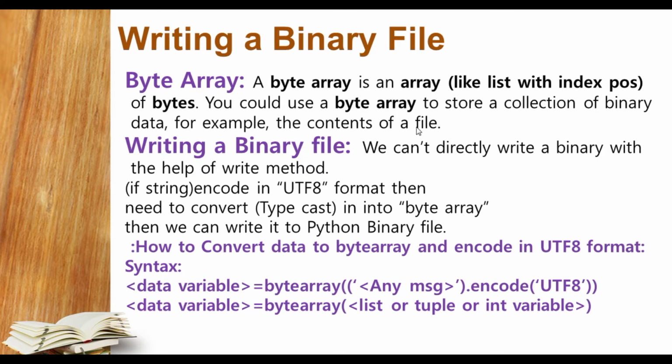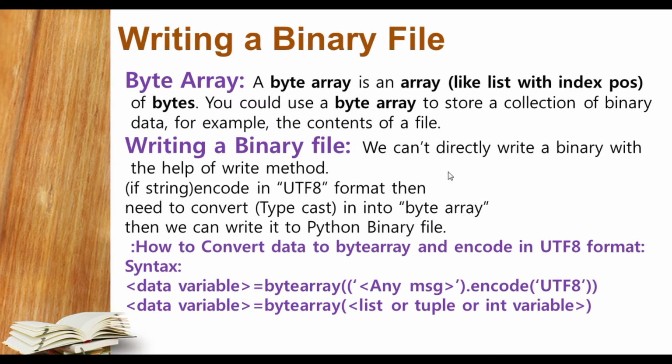So why are we learning byte array here? Because file handling in binary mode does not allow us to write the data directly. The information should be transferred to the file in an array format, which is byte array format. So now we can see how to write a binary file.